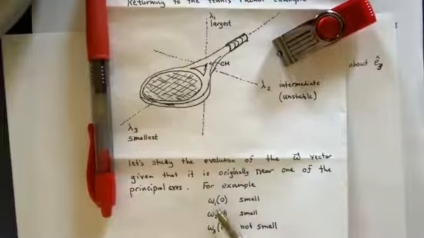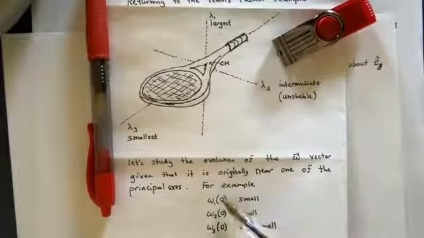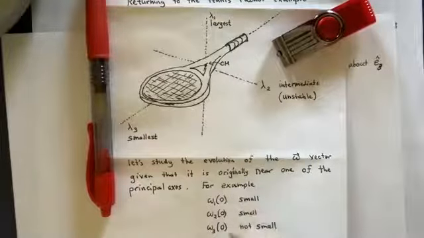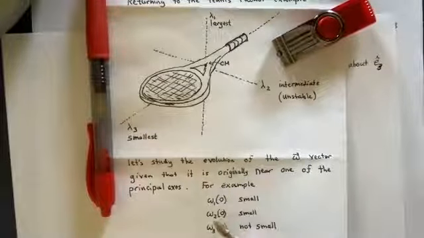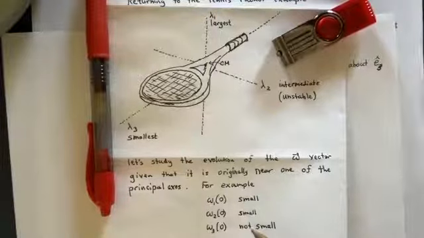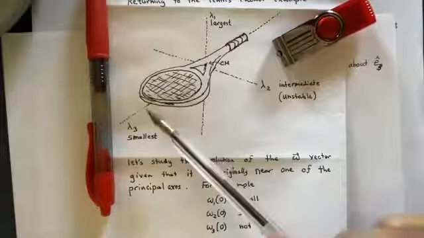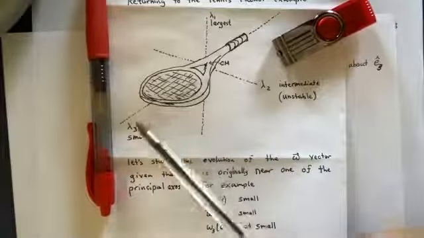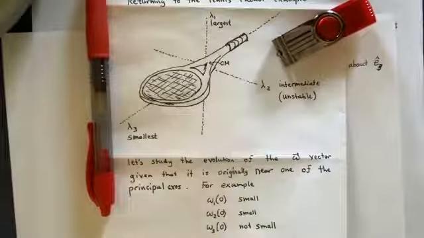Omega 1 as a function of time, omega 2 as a function of time, etc. So when you put in 0 for t, what we're saying is that at t equals 0, omega 1 is small. At t equals 0, omega 2 is small. And at t equals 0, omega 3 is not small.